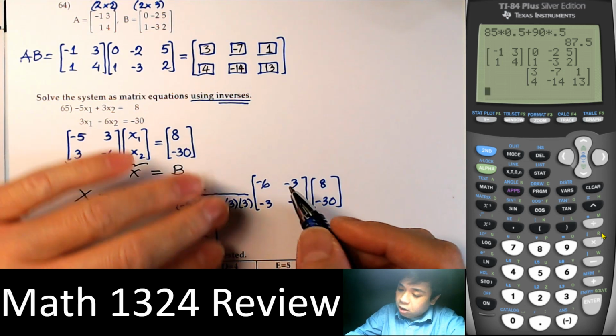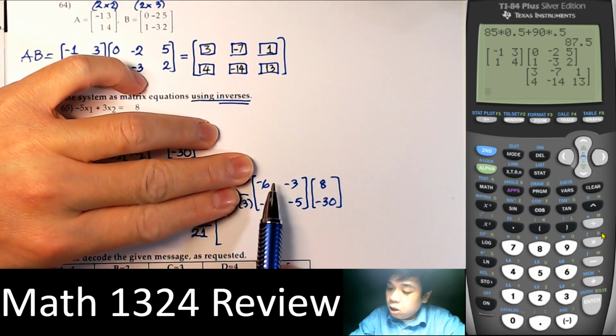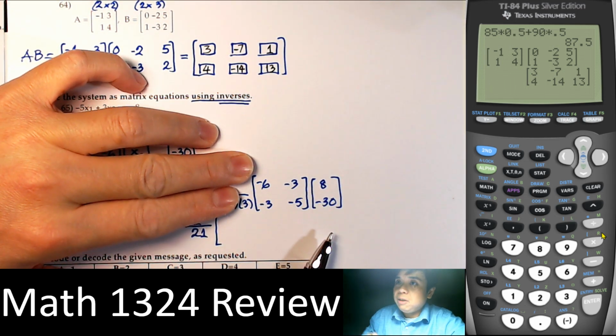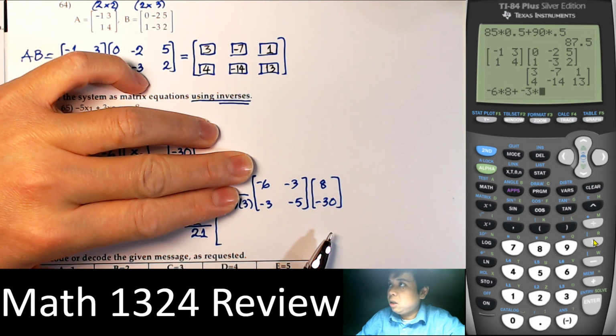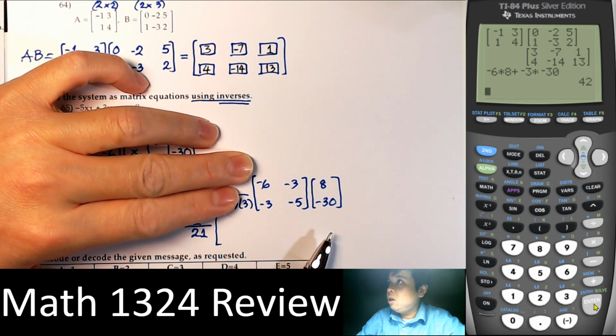I will multiply the matrix into that first. So that gives us negative 6 times 8, plus negative 3 times negative 30. So that's 42.